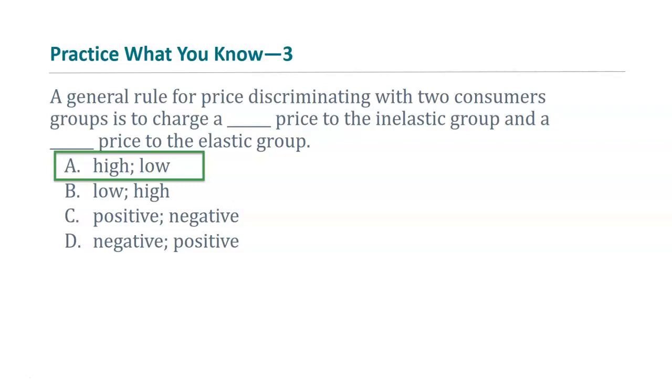Those who are not willing to pay as much, those who are more elastic and might leave if we charge them a higher price, we charge a lower price to them to get them to come in the door, right? And this is just stretched to the extreme when we're talking about perfect price discrimination, where we charge every customer, not just groups of customers, we charge every customer exactly what that customer is willing to pay.